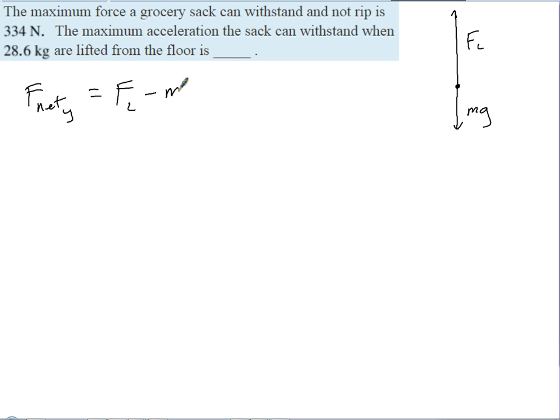Yeah, mg, because that's acting down, right? Now, there could in some cases in the future be lots of forces acting on an object. We haven't ever had to deal with too many at the same time, but we might get a bunch of them in the future. The sum of all those forces by Newton's second law always equals what? Net force equals ma. When we say F equals ma, that's really what we mean, net force equals ma, right?